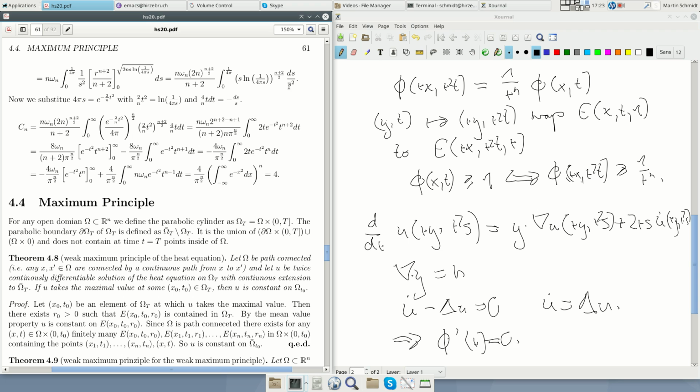So one s cancels. Here we have s to the power n half plus 1. This n plus 2 over 2 is of course n half plus 1. But this 1 cancels with 1 power of s, and the other one we have here. So we only have n half. So these are all the ds besides the dt's.